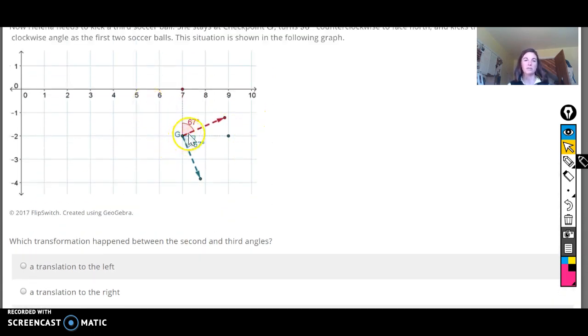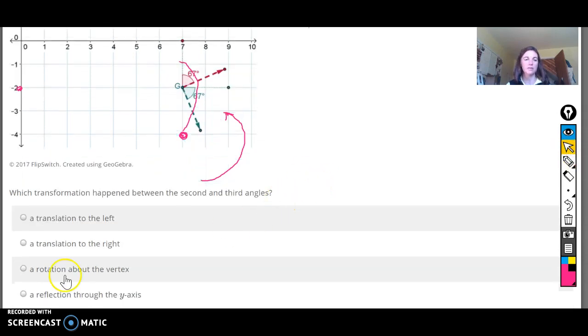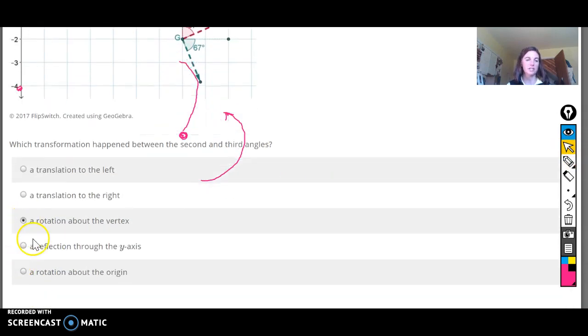A rotation about the origin would move us like, so the origin's here, and we can rotate this point about the origin by going somewhere like this. But rather, she just kind of shifted herself right around this vertex. So this, as described by the situation, would be a rotation about the vertex.